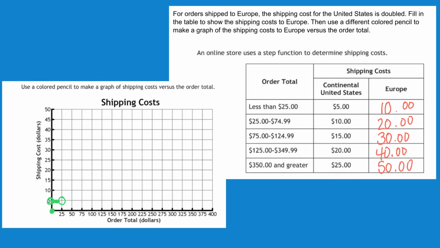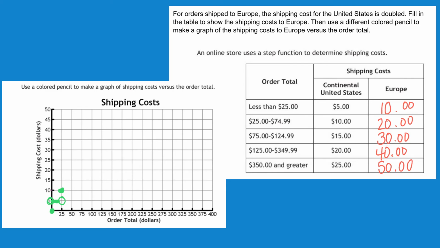Okay, then from $25 to $74.99. So from $25, that's going to be a solid point at $10. It's solid because if I spend $25, I know that I'm going to pay that $10. So that's a solid point. And it's going to go all the way up to $74.99.